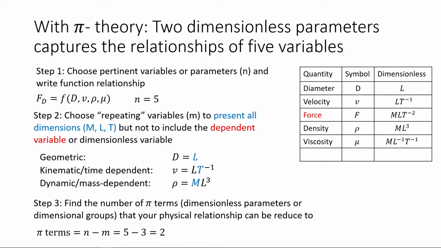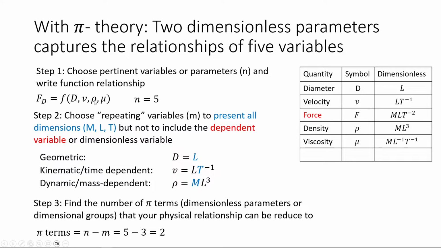If you have seven variables, then you will have four dimensionless parameters, if your system is mainly controlled by length, mass, and time. So you choose the pertinent variables.